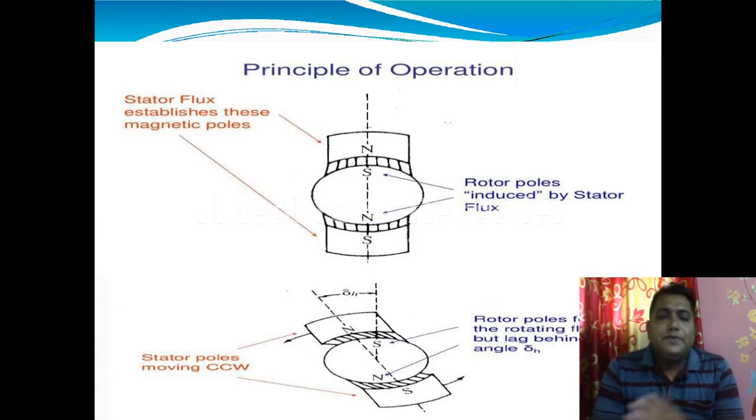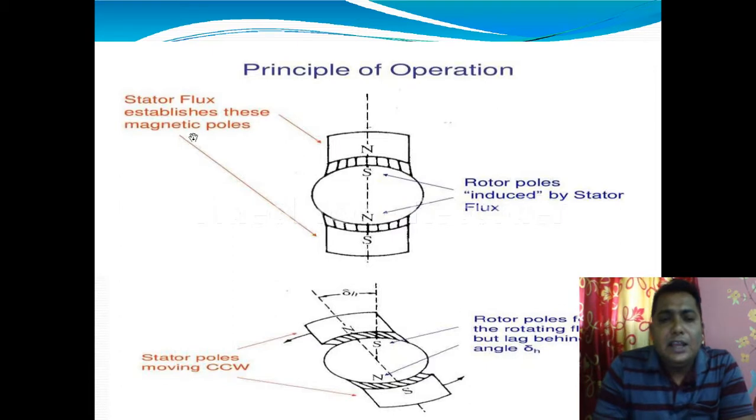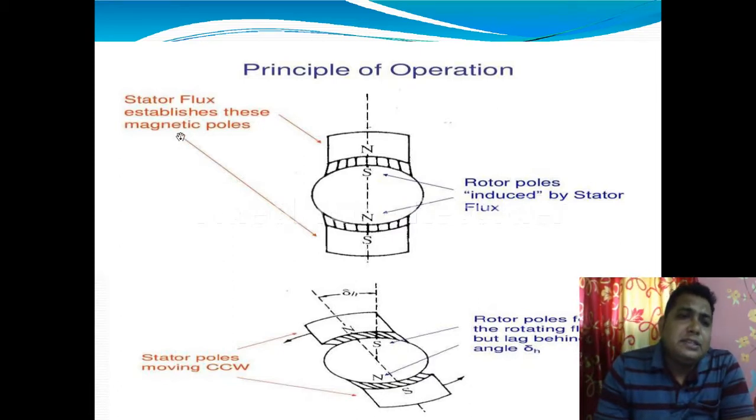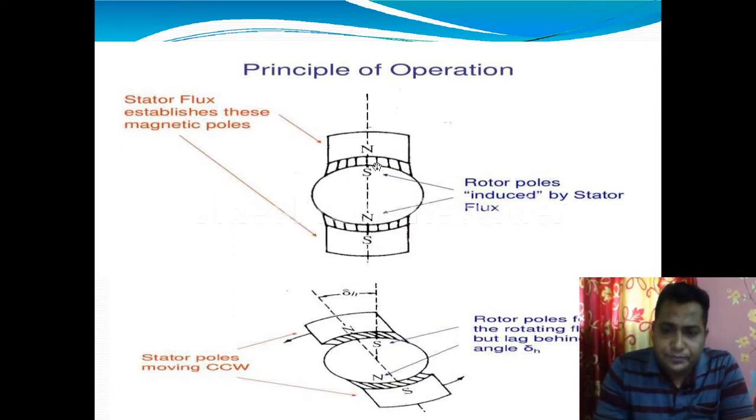First see that two diagrams are representing this. Follow my pointer, this is one diagram. This section is the stator section. What is written? Stator flux establishes this magnetic field, so there is a generation of magnetic field. Inside that we have a rotor ring.